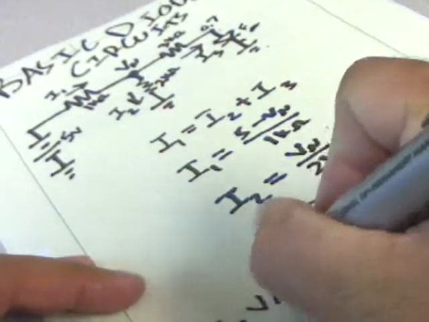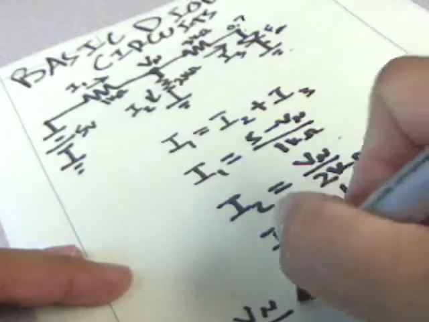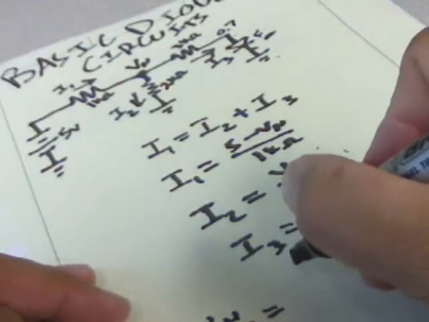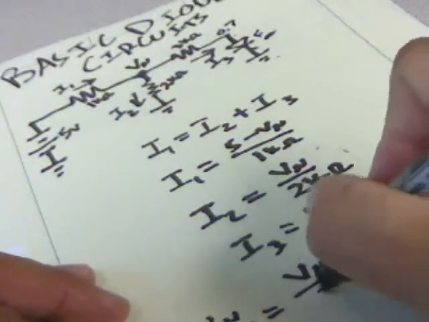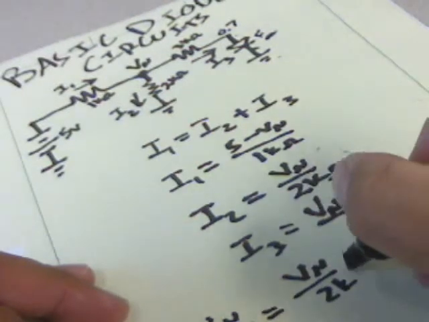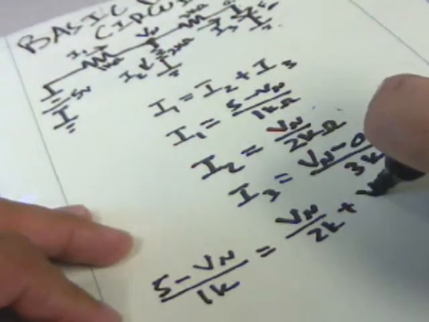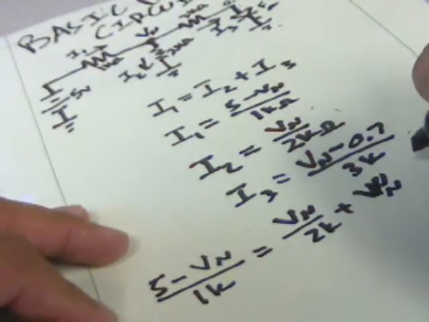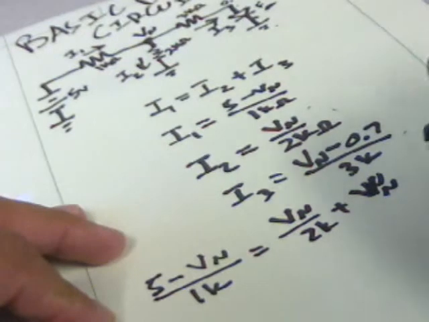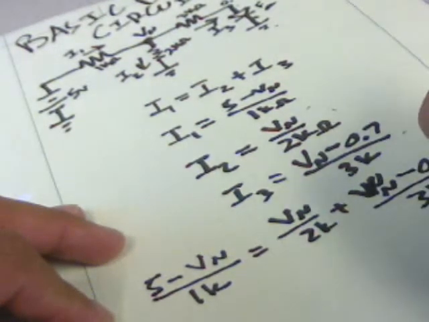Do a little algebra. So we have (5 minus Vn)/1K equals Vn/2K plus, I said V and wrote a W, (Vn minus 0.7)/3K.